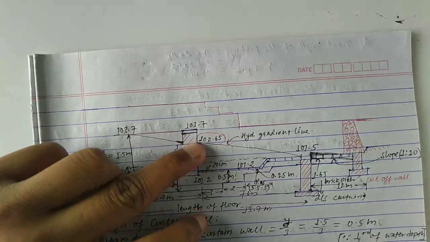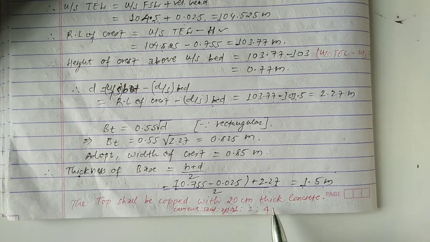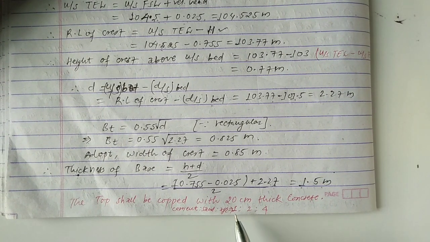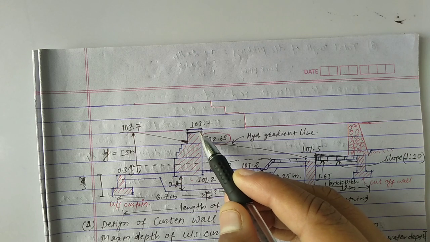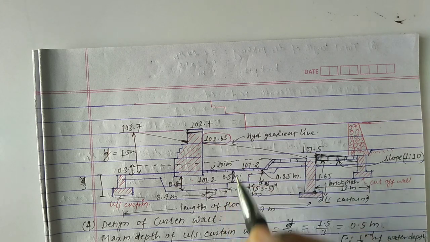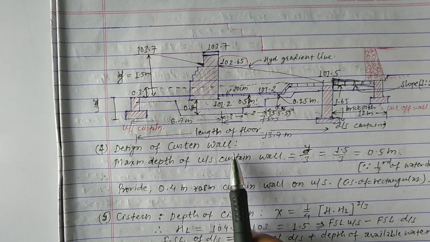This height is provided with 20 cm thick concrete, and the cement sand and aggregate is 1:2:4. So this is basically 20 centimeter height. This is the concrete.